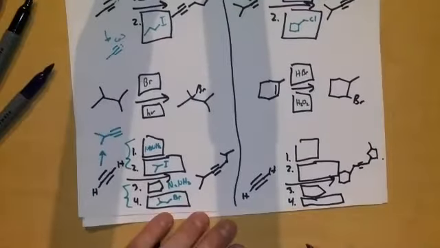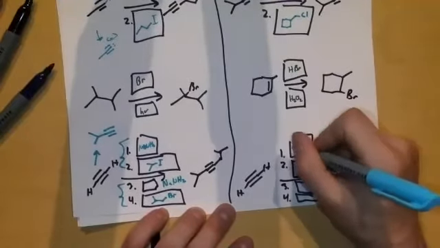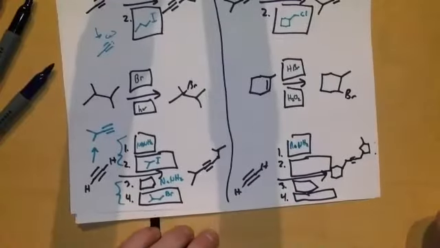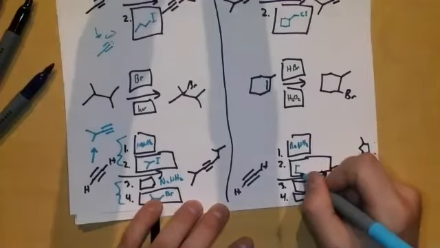Okay. Last one over here. Our first reagent is going to be the same. We're doing alkylations, NaNH2. I'm going to do it left to right again. So 6-membered ring with a carbon off of it.